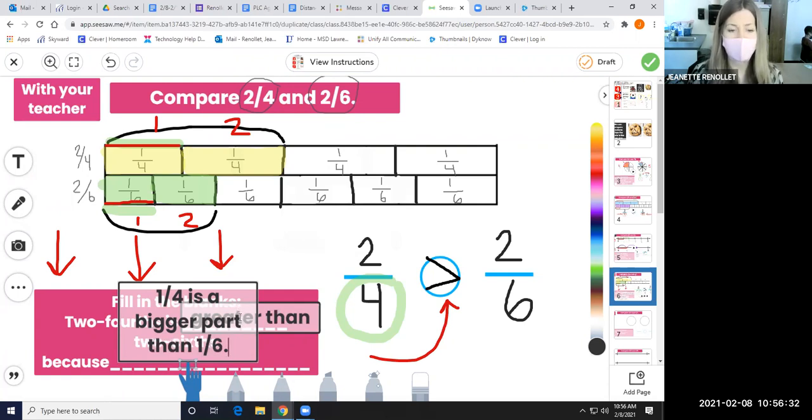The unit fraction can help us determine which fraction will be more area shaded. If 1/4 is bigger than 1/6, 2 1/4 is going to be bigger than 2 1/6. After you type your answer, you can fit it into the box how you like it to fit. Check that your model is just like mine.